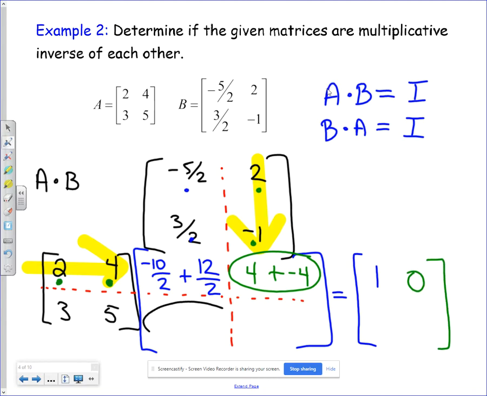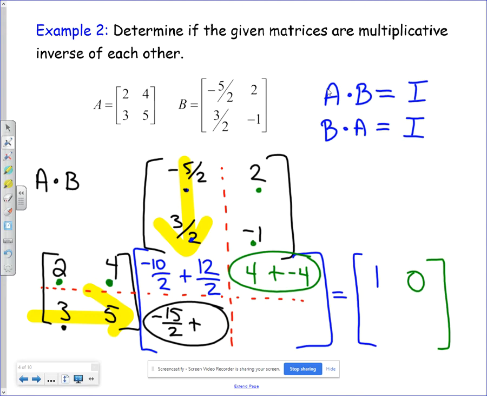Now, let's find this element. So let's slide this arrow back over to this column. 3 times negative 5 halves would be negative 15 halves. And then 5 times 3 halves would be positive 15 halves. Add those together, we get 0.